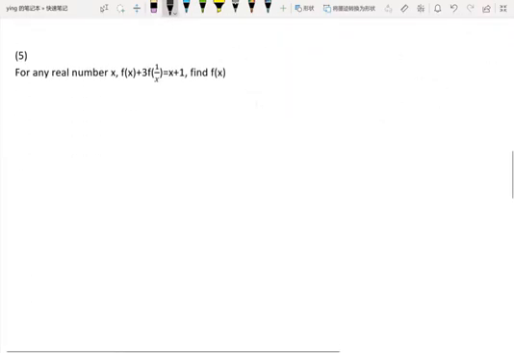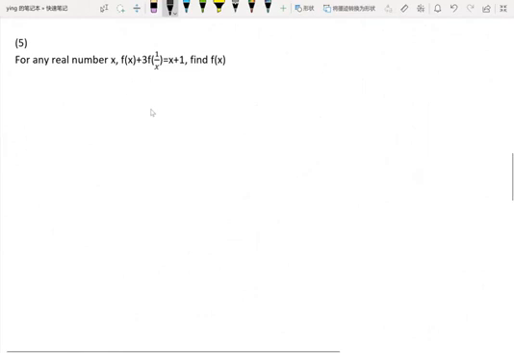And the third question. For the third question, it says that for any real number x, this relationship stands, and we want to find f(x).